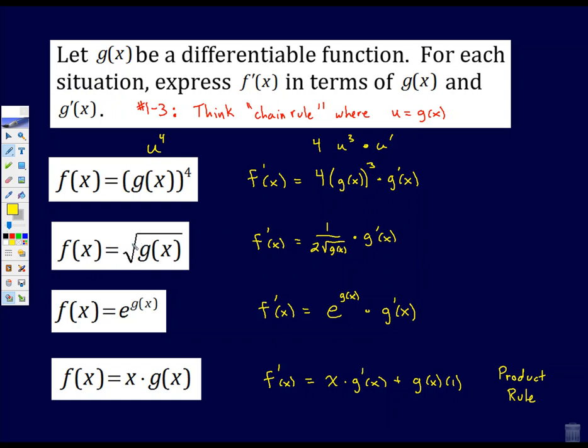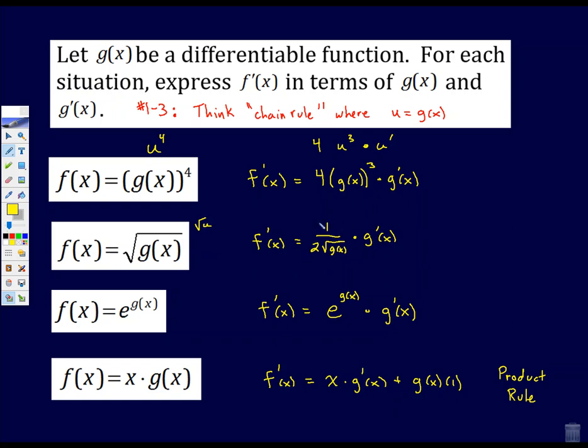If you think of square root of g of x as the same thing as writing square root u, then our derivative requires the chain rule, and f prime of x would be, remember that the derivative of square root u is 1 over 2 square root u.